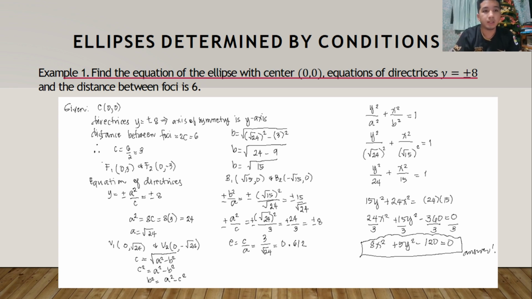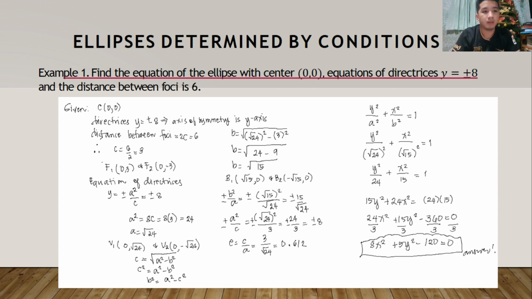So next is y squared over a squared plus x squared over b squared equals 1, which will be y squared over the square root of 24 squared plus x squared over the square root of 15 squared equals 1. Then we will cancel out the square root and the squared, which gives y squared over 24 plus x squared over 15 equals 1.